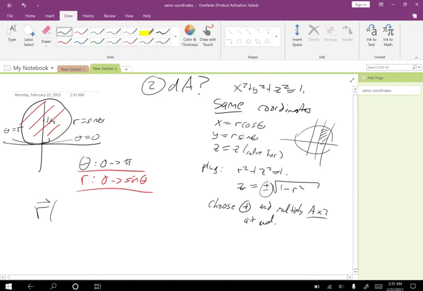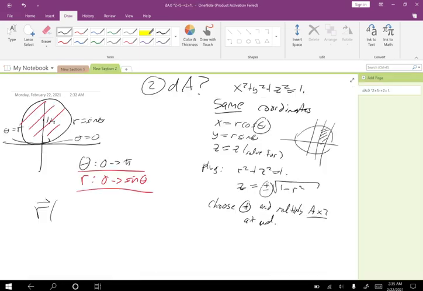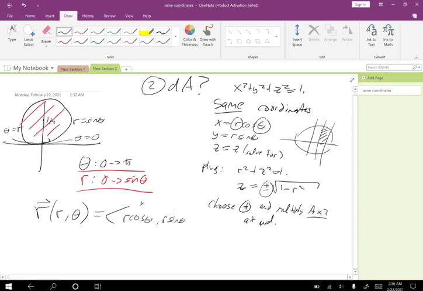Really, I think the free variables will be theta, because if you look at the graph here, everything inside the cylinder, our theta is varying and our r is varying, so these will be the variables we'll use. So r will be a function of little r and theta, and we'll be using r cosine theta for the x part. You'll have r sine theta for the y part, and for our z, we'll use this square root.